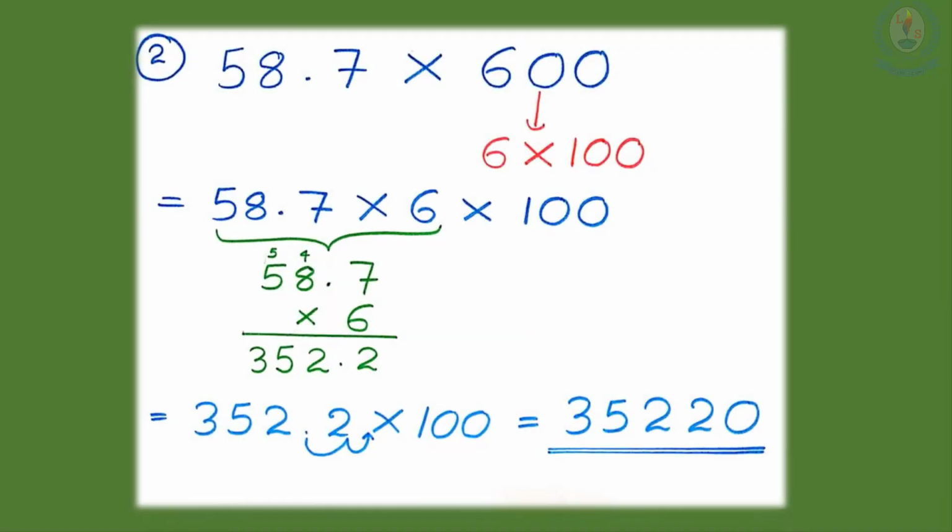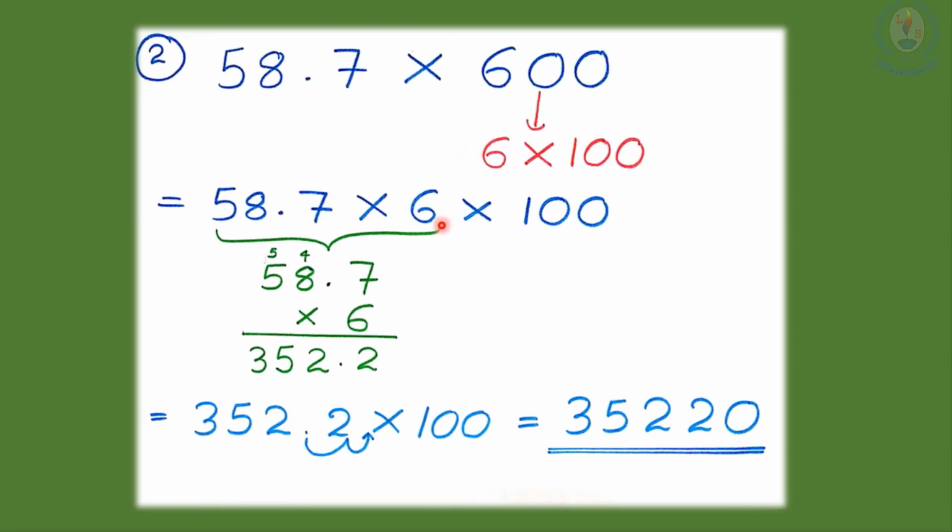Second example, 58.7 multiplied by 600. Here 600 is the whole number, and we have to multiply 58.7 by that 600. How to multiply then? Here the easiest way is we have to separate this 600 into 100 times. As we know, 600 means 6 times 100.